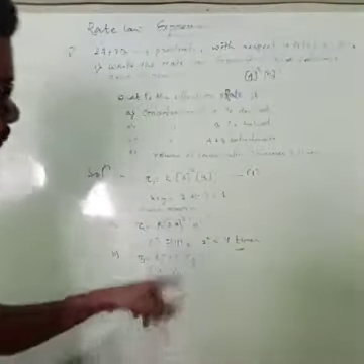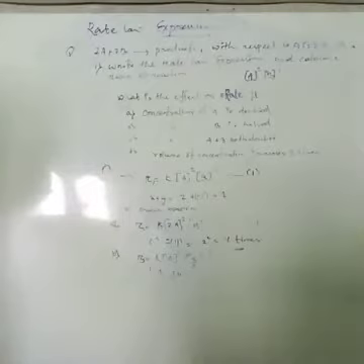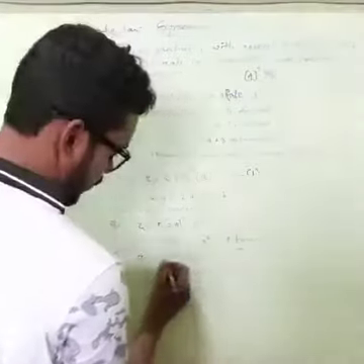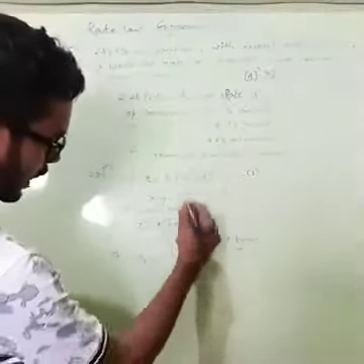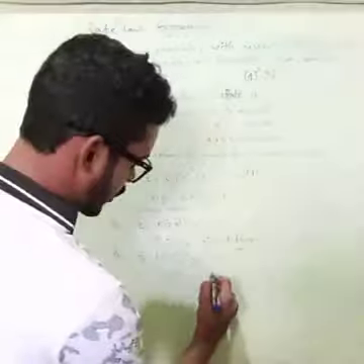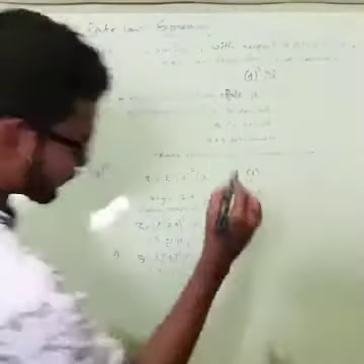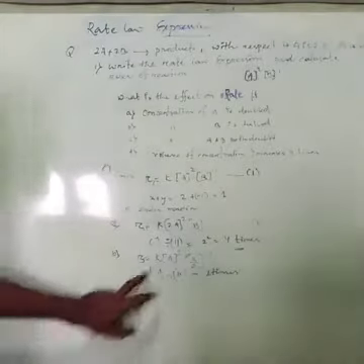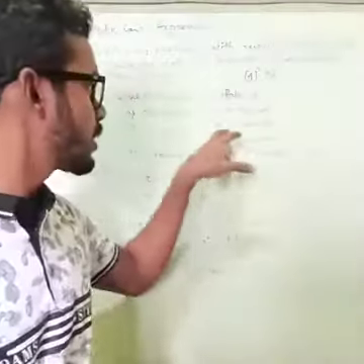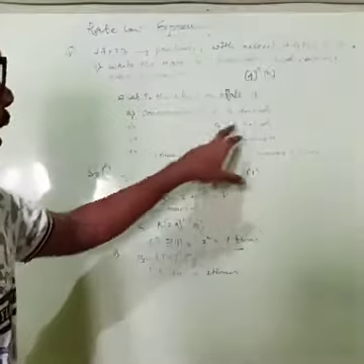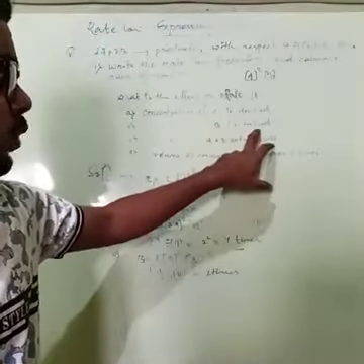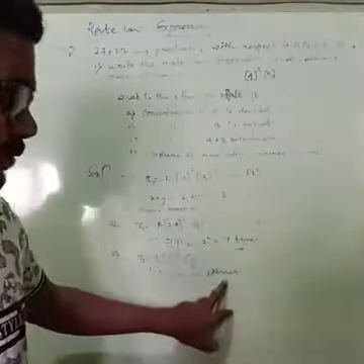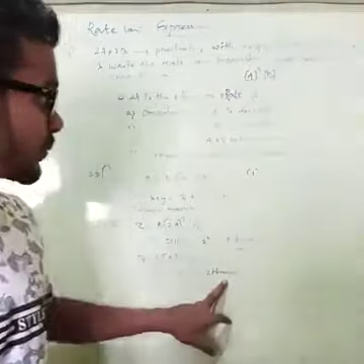R1 by R3. How many times will the rate change? From here B cancels, the half goes up, that is 2 times. That means if you reduce the concentration of B to half, the reaction rate increases 2 times.